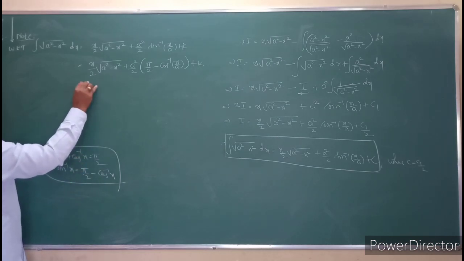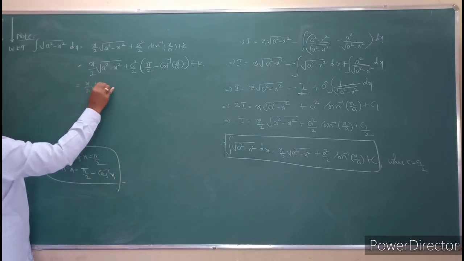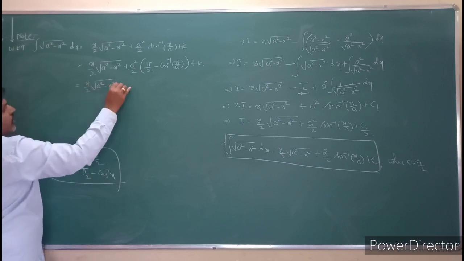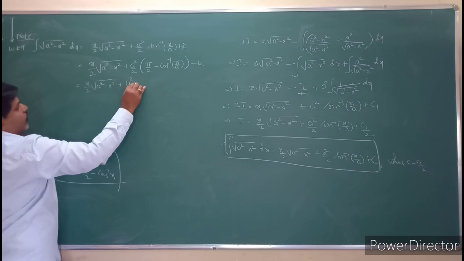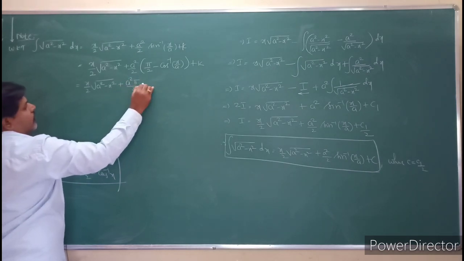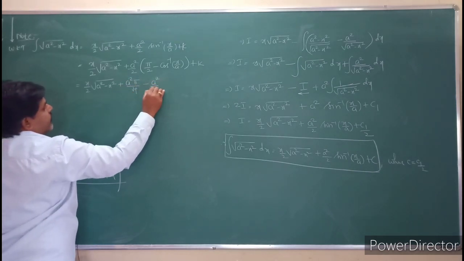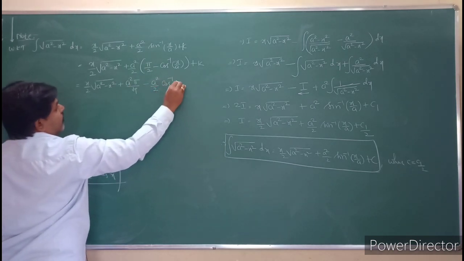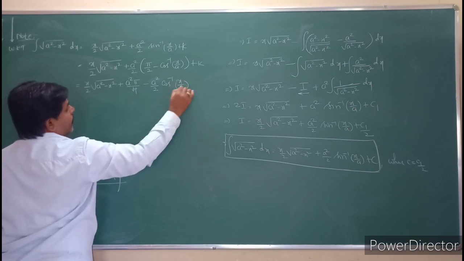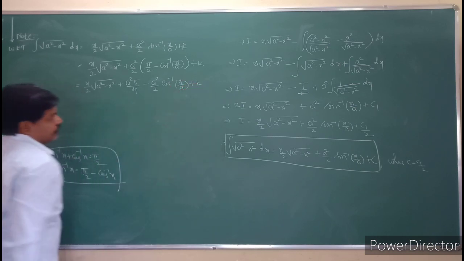So why I have written this? x by 2 into root of a square minus x square plus, multiply this a square into pi by 4 minus a square by 2 into cos inverse of x by a plus k.